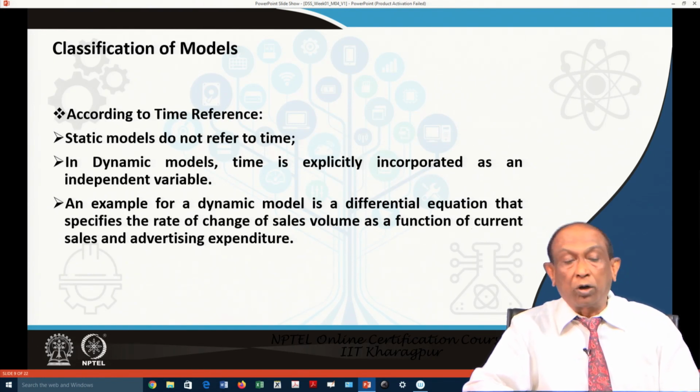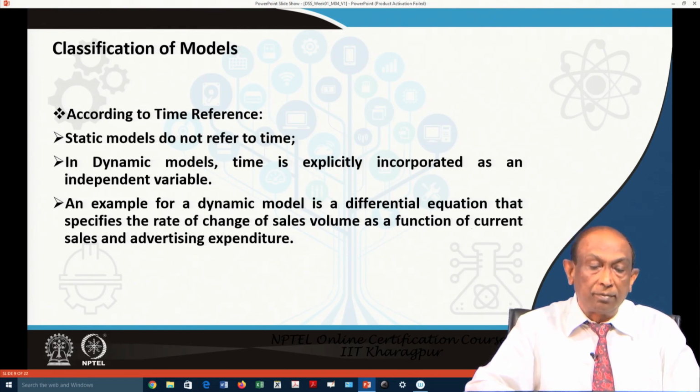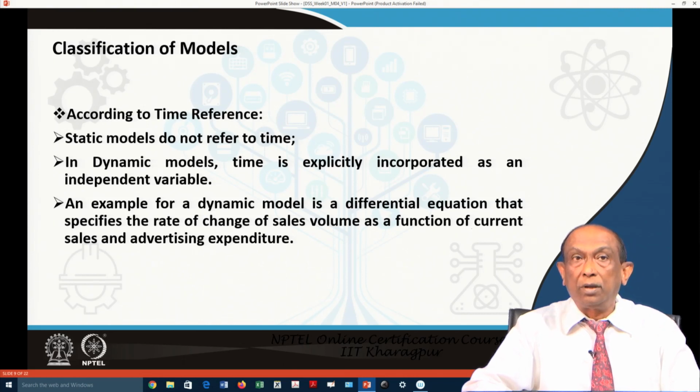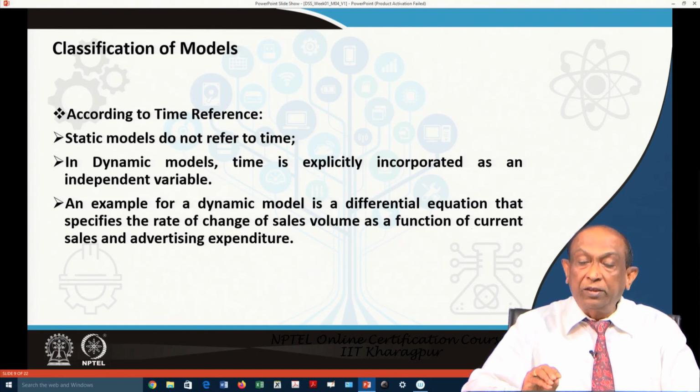Then we classify models according to time reference. Static models, they do not change over time, they do not refer to time. In dynamic models, time is explicitly incorporated as an independent variable.